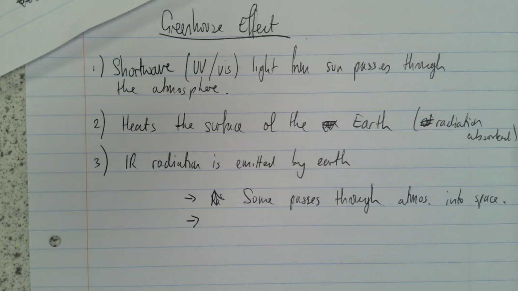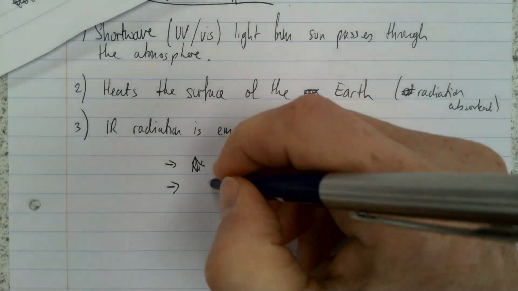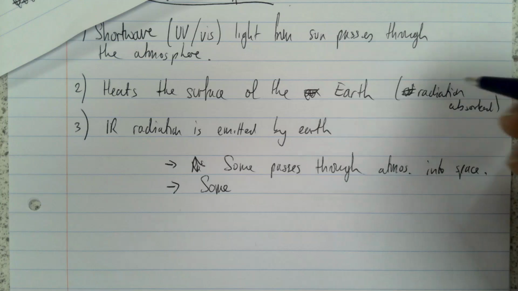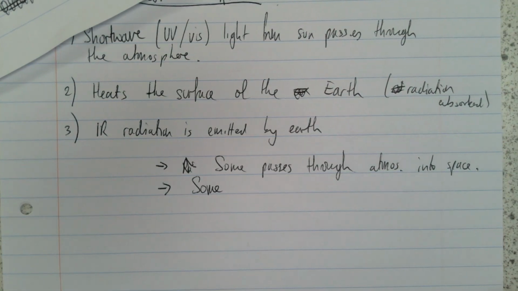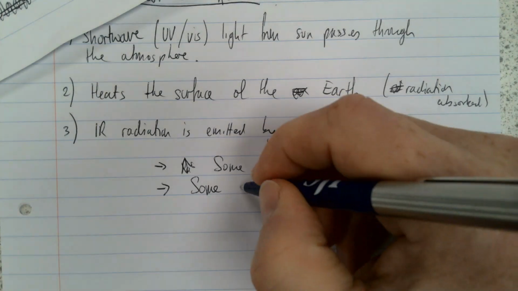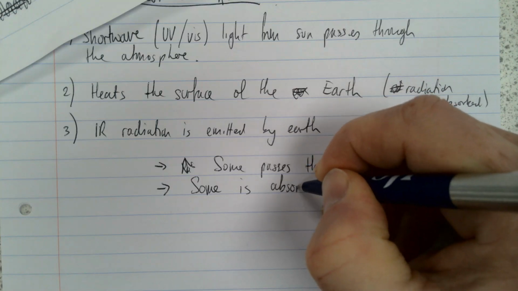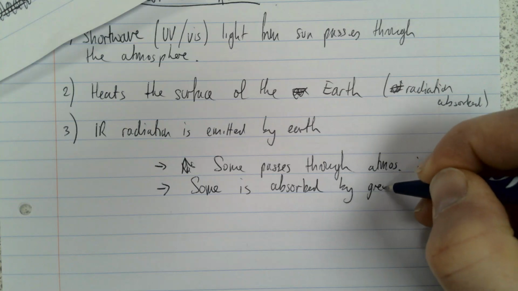Some of that then just passes into space, through the atmosphere into space. Some, and this is where, again, the key mark, I think that people really don't score well enough, and you can, it's easy, you're all capable of it. Some is absorbed by greenhouse gases.